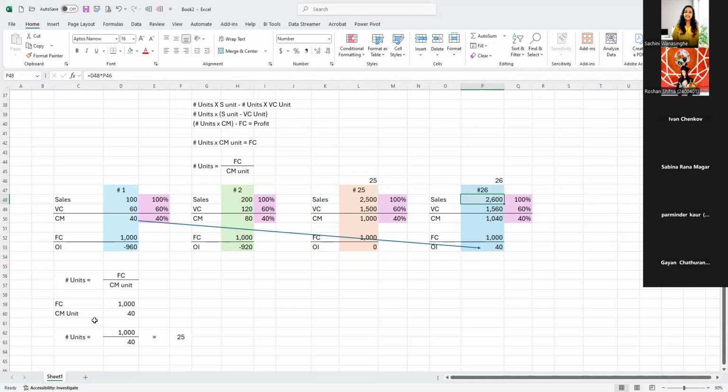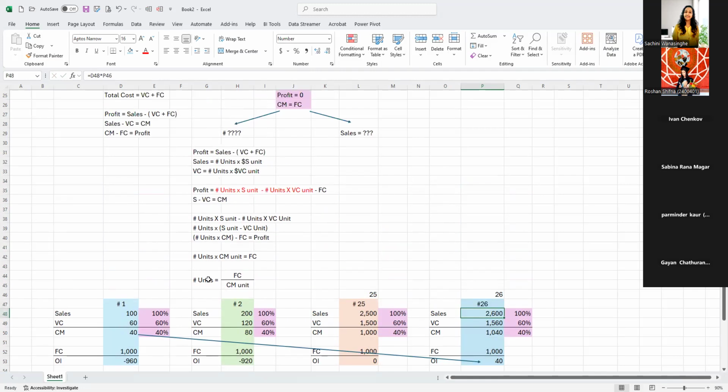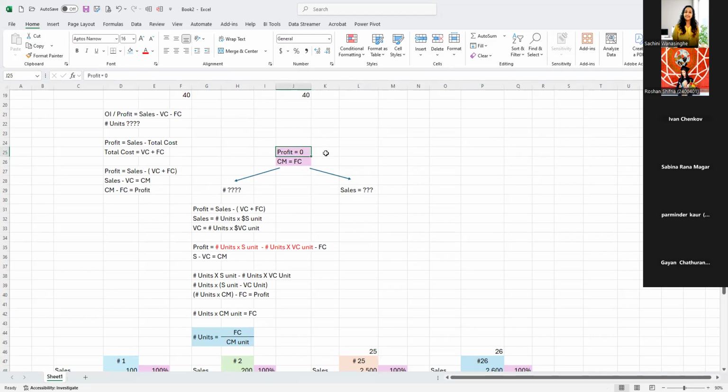So now we find out how many units we need to sell. Obviously this formula works. Let's highlight it. This formula, we're going to use it in the future. Now, let's see how much my sales should be in order to get the break even. When the profit is equal to zero, that's a break even.